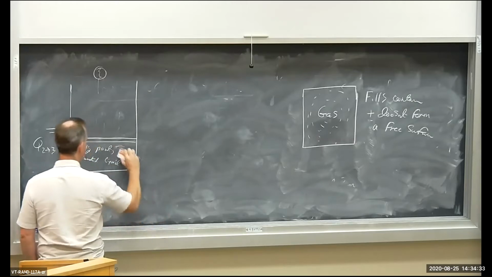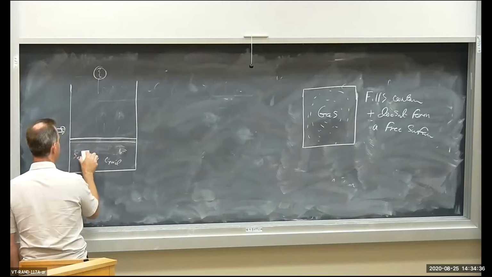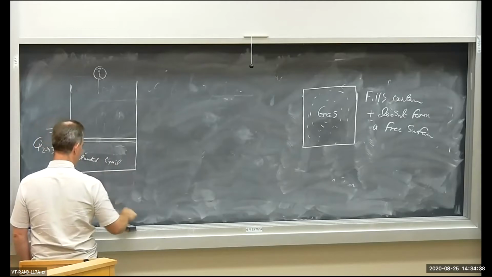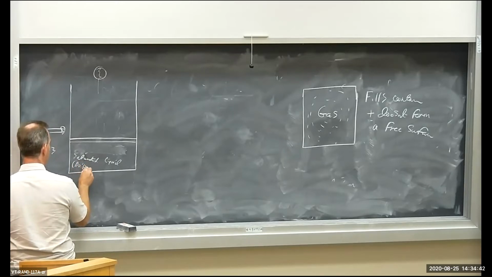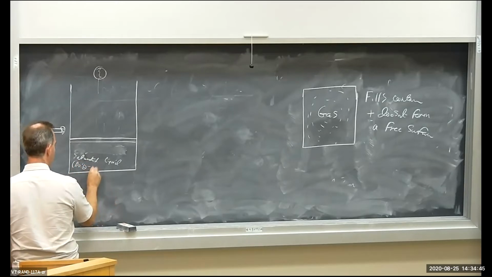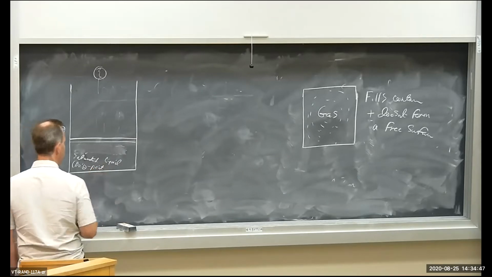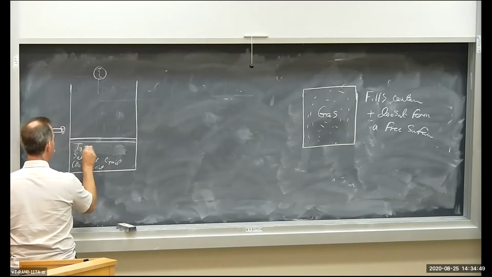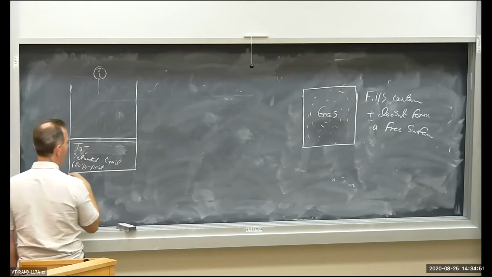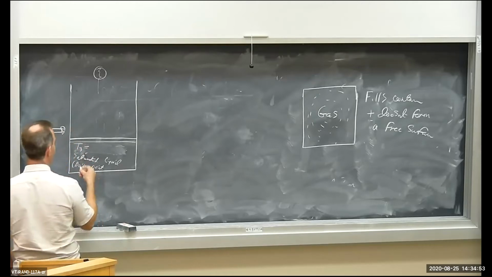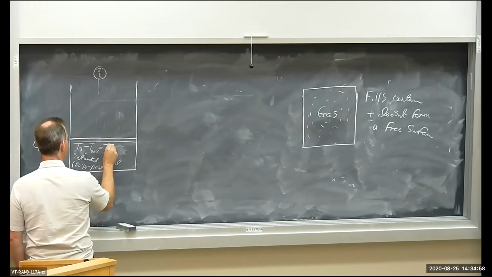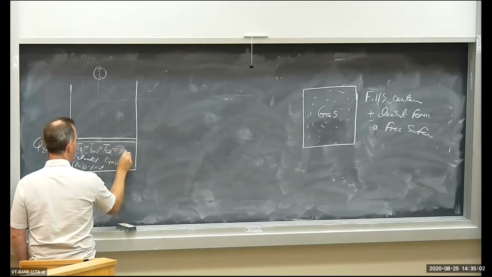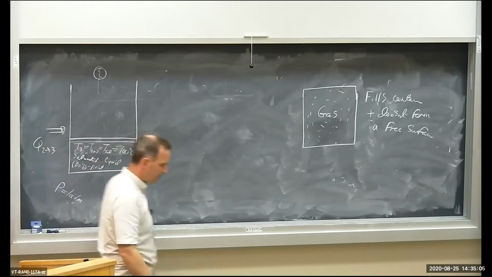I'm going to erase this boiling point here. If you want to put it down in parentheses here, I guess I'll put it down here. Boiling point. So T3 is called the saturation temperature. It's the boiling temperature. T3 equals T boil equals T saturation, 100 degrees C, okay?